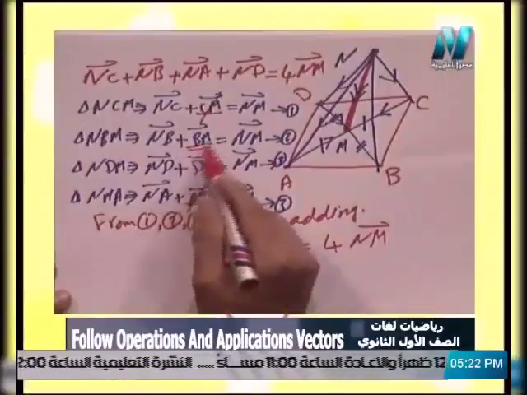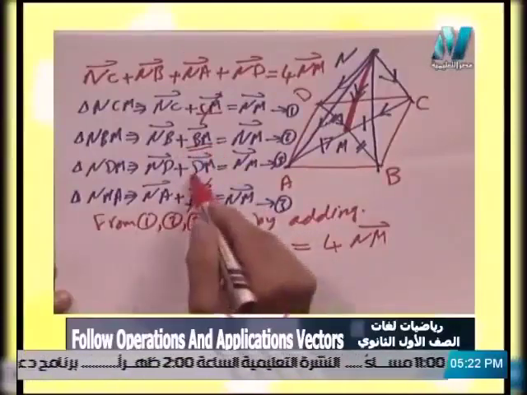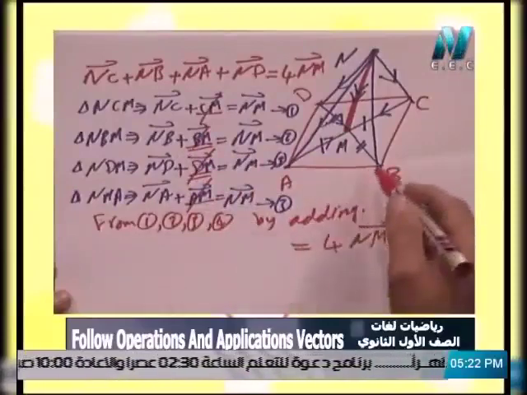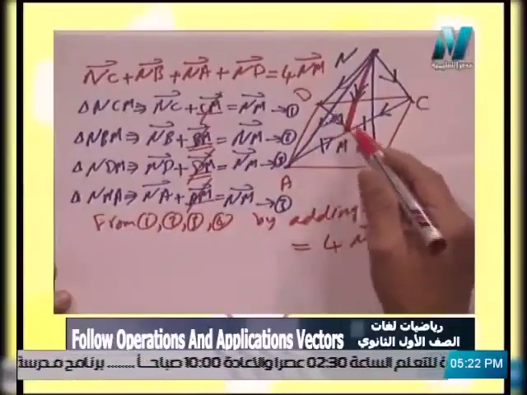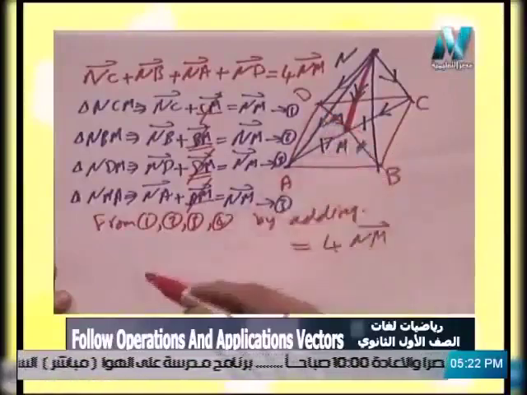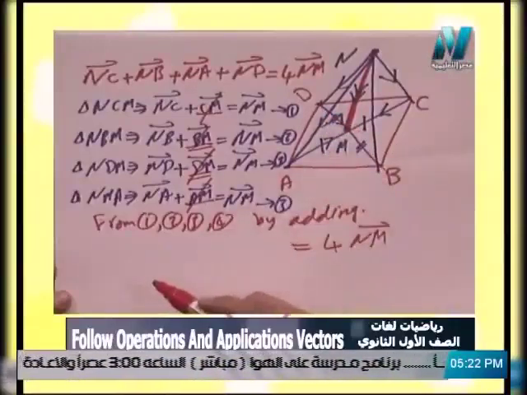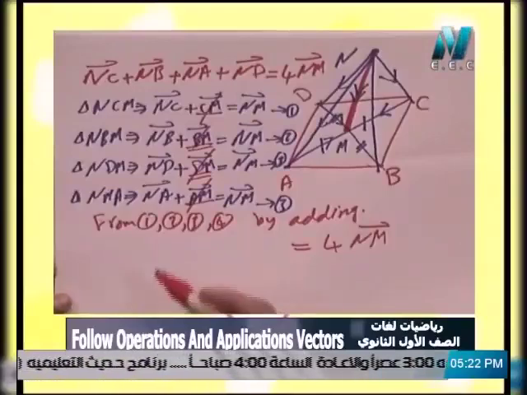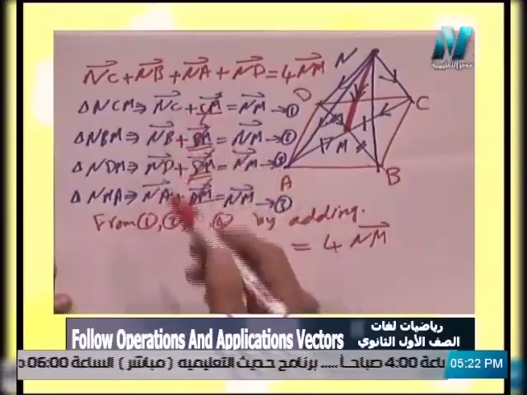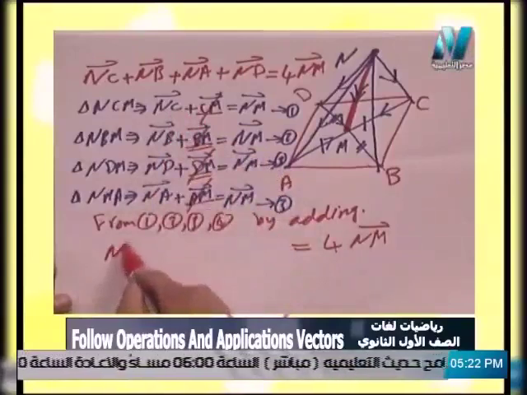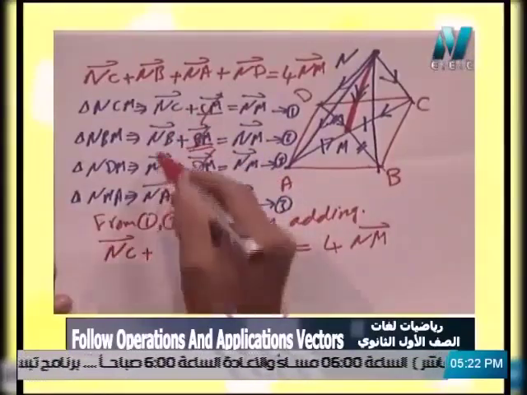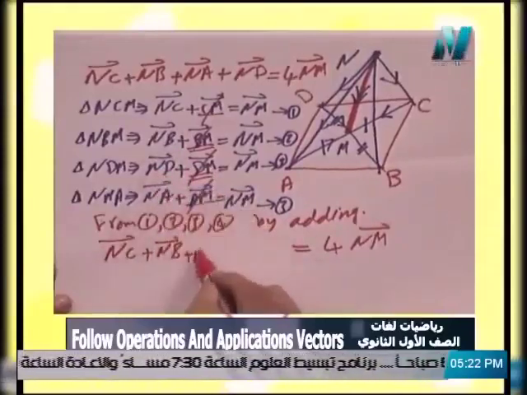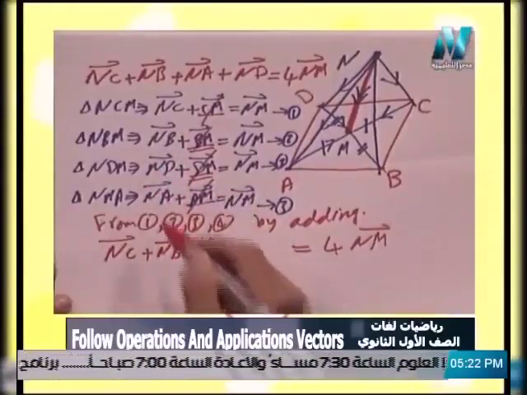BM here and DM here also cancel because they have the same magnitude and opposite direction, so one of them equals negative the other, and the sum equals 0. The remainder here is the vector NC plus the vector NB plus the vector ND plus the last vector NA.